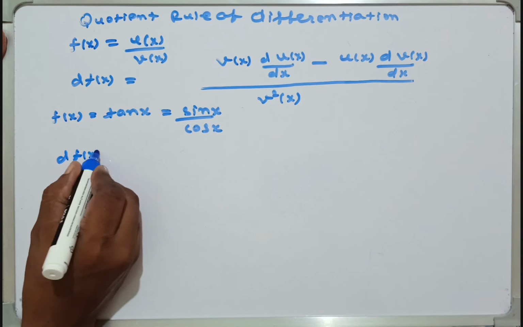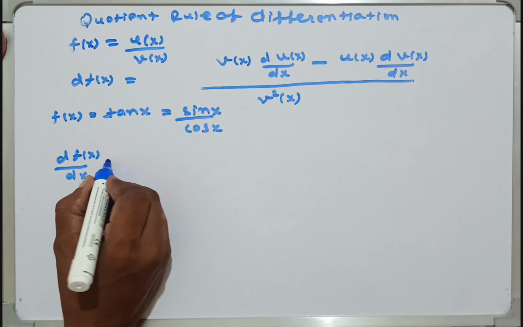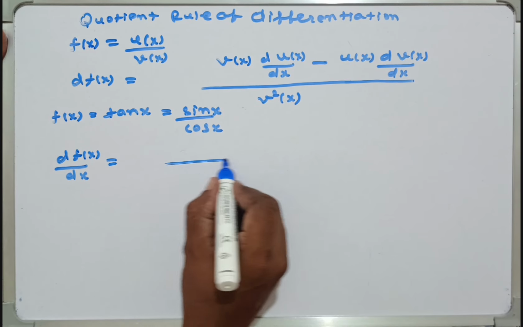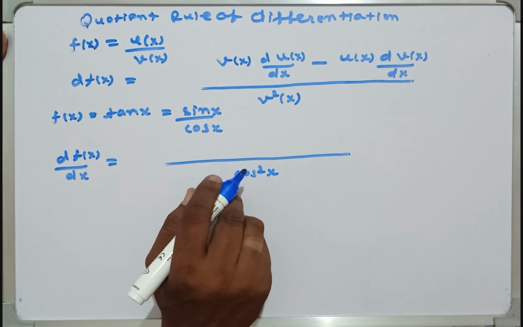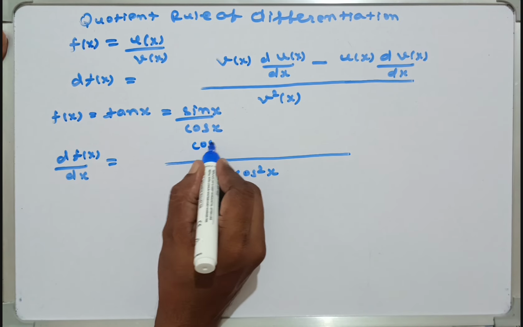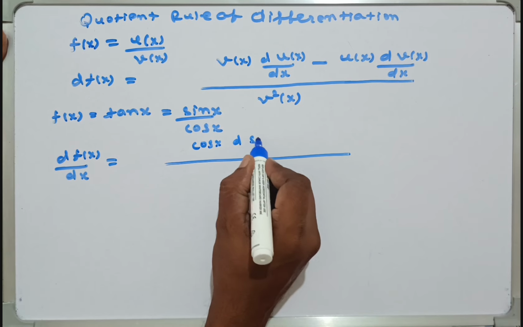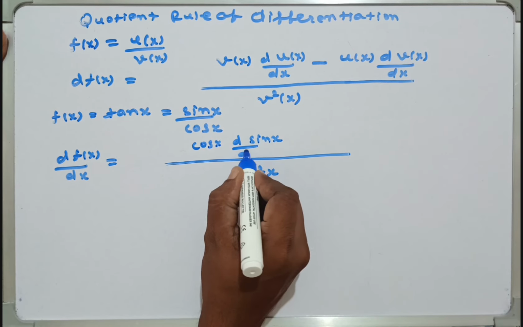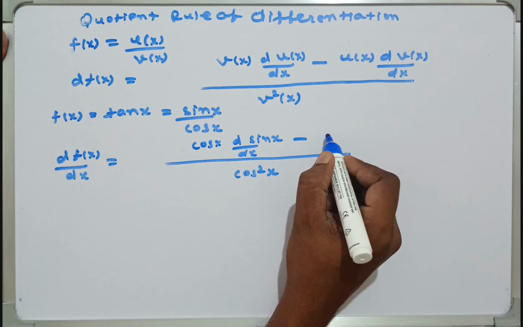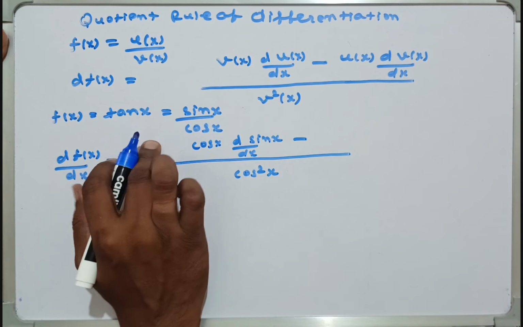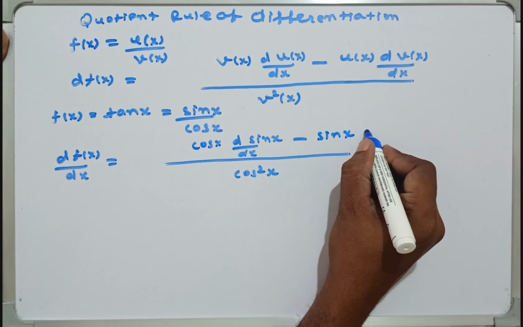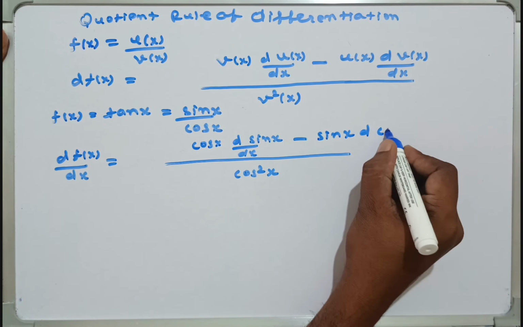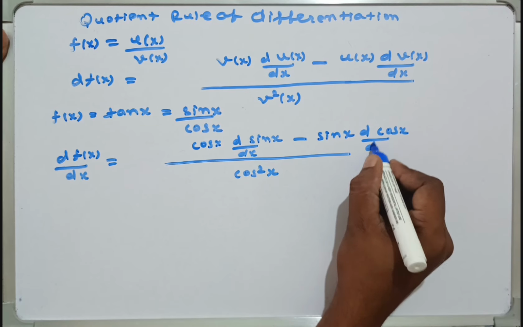So we can write it as, take a big slanting line, then square the denominator term, write here cos x, take the derivative of sin x by dx, put a minus sign, then again this numerator term which is sin x, then d cos x by dx.